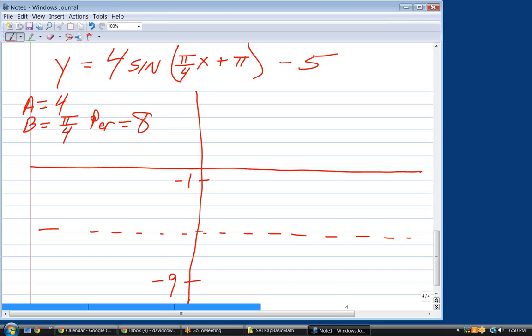Okay. C is what? Pi. Depends on what your standard is. Does your standard say bx plus c or bx minus c? It doesn't really matter as long as you know which. So we'll call pi the c. What's the phase shift?